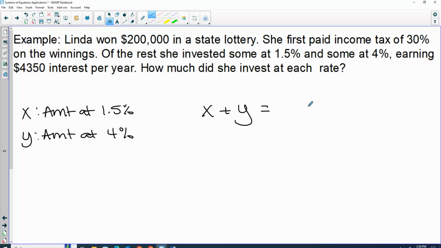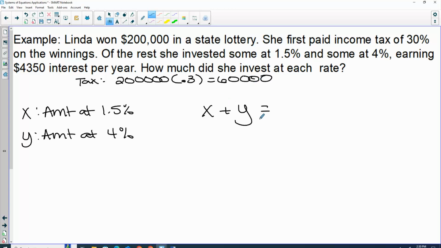No, she paid taxes on it. Yes. To find the amount of tax, you can take your $200,000 times 0.3. So we paid $60,000 in taxes, so you never even got that much.